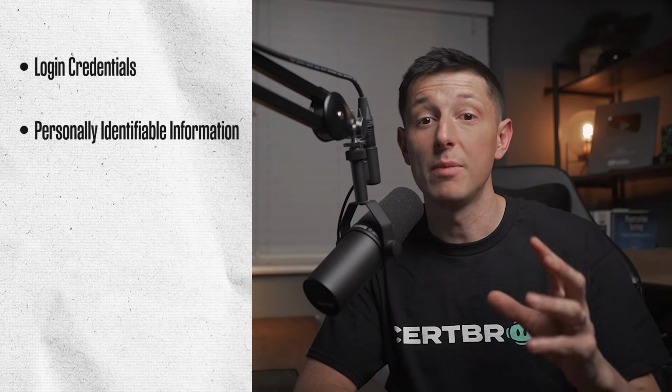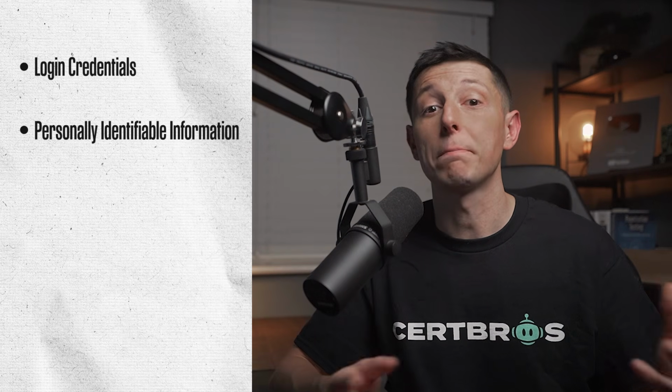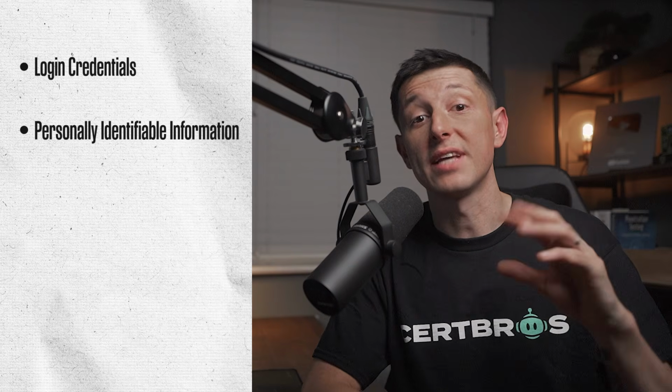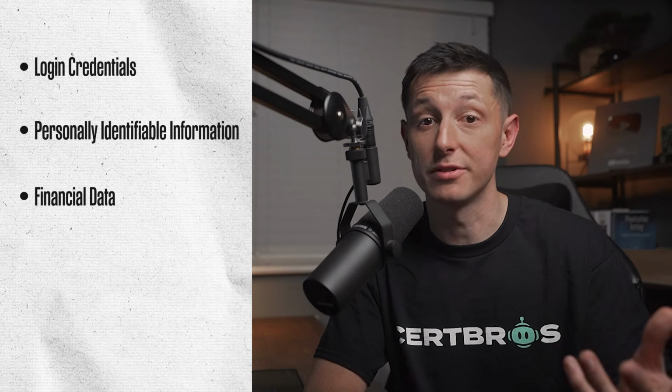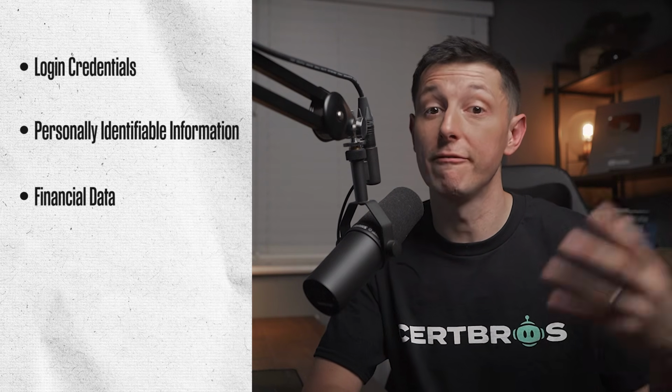Personally identifiable information, known as PII. This includes sensitive data such as national insurance or social security numbers, dates of birth, home addresses, telephone numbers, and more. Financial data. Attackers may target credit card numbers, bank account details, and other financial information to commit fraud. Confidential business information.